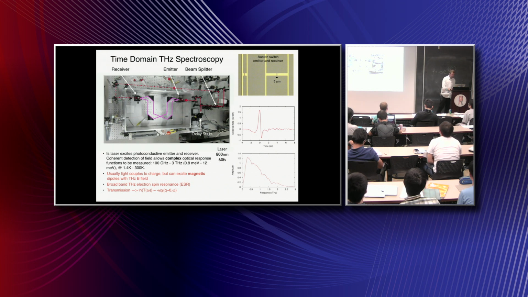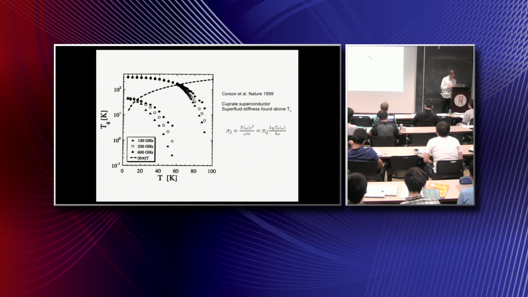Okay? So, examples of some particular experiments that have been done. Some that inspired me in my own career when I was a student are those of Joe Orenstein's group, where this is actually the phase stiffness, very similar to the quantity that I just showed you on those thin films of superconductors, but this is for a cuprate superconductor.